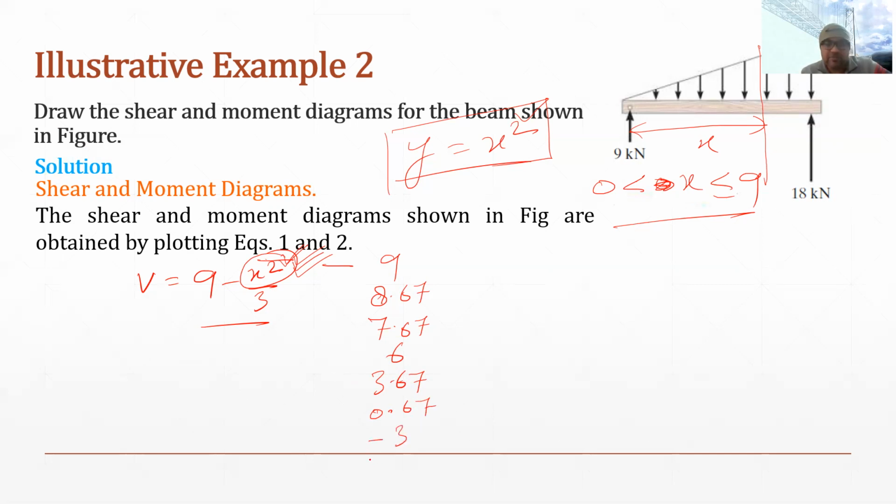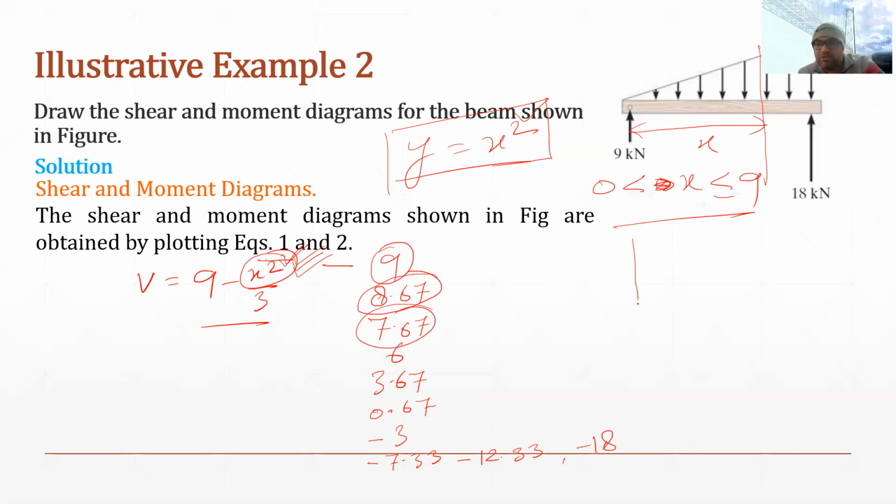For 7, it will be -7.33. For 8, it will be -12.33. Similarly, for 9, it will be -18. So these are the values of the ordinates of the graph that we are going to draw.